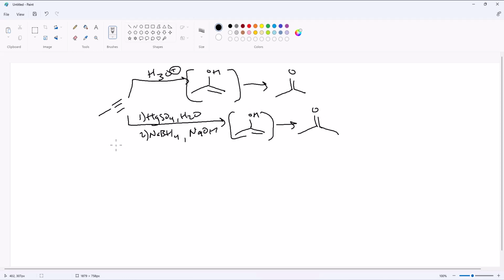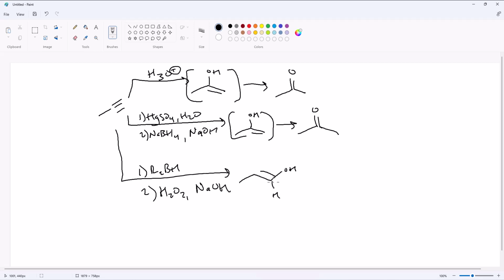Furthermore, if we do the hydroboration, so that's R2BH followed by H2O2 and NaOH, remember this will add anti-Markovnikov, so that's going to add the terminal OH. And this is a case where that R group is an H, so we will end up with the aldehyde in this case.